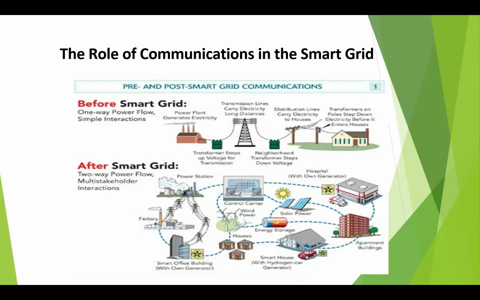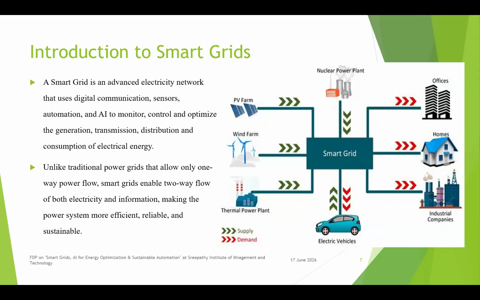Now we come to the introduction to smart grids. A smart grid is an electricity network that uses digital communication. It uses communication, sensors, automation, and artificial intelligence to monitor, control, and optimize the generation, transmission, and distribution systems of electrical energy.